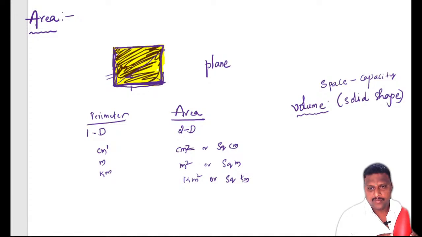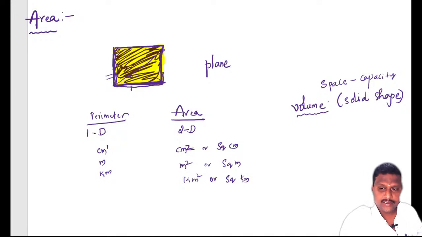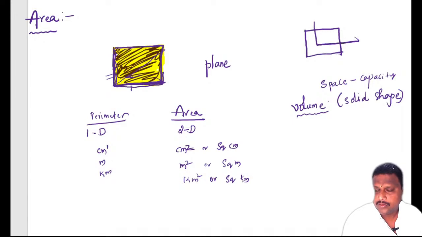The space occupied by this water bottle is 1 liter. So it is three-dimensional. For suppose, this is a cuboid.